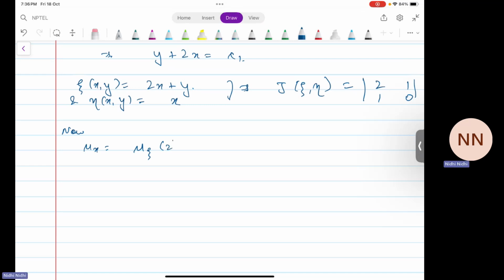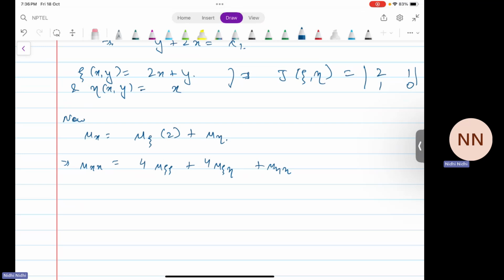So this is 2. Similarly, plus u eta. So this will give us uxx is equal to 4u zeta zeta plus 4u zeta eta plus u eta eta.